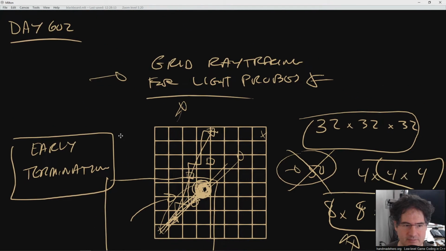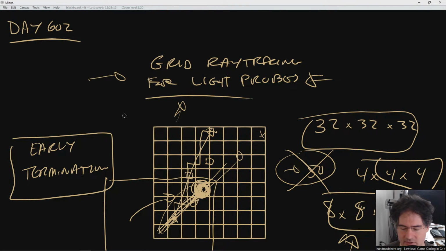So you get irradiance caching for free if you were already doing an irradiance cache for your render time. If you use the same data structure as your light probe spatial index for your collision detection, you get this for free. That's the thing that I hadn't seen mentioned before. It seems obvious, so I'm sure it is out there. It's just I hadn't thought about it, and now I have.